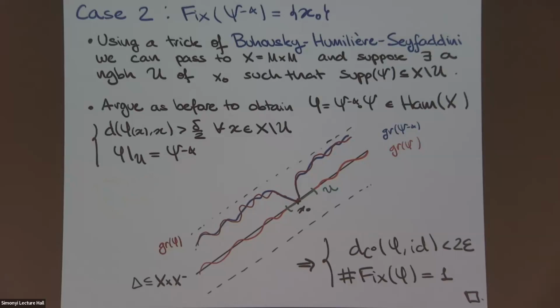And away, if you take it supported in a small ball, you're not changing psi cross psi minus 1 away from that small ball. Inside a smaller neighborhood, you're the identity. And maybe something's happening between these two balls. But what we really needed is that it's identity on the ball, and that whatever is happening between these two neighborhoods is not C0 big. And we can get control of that.